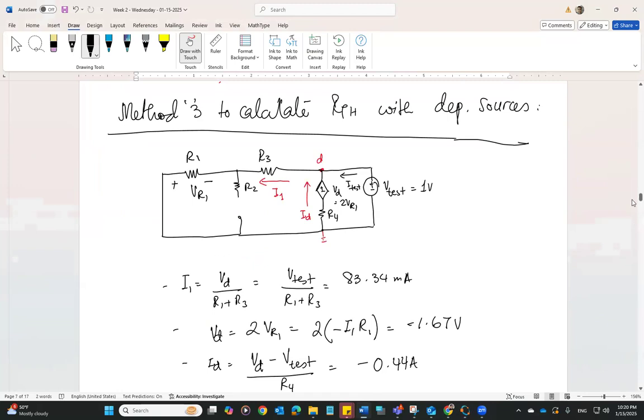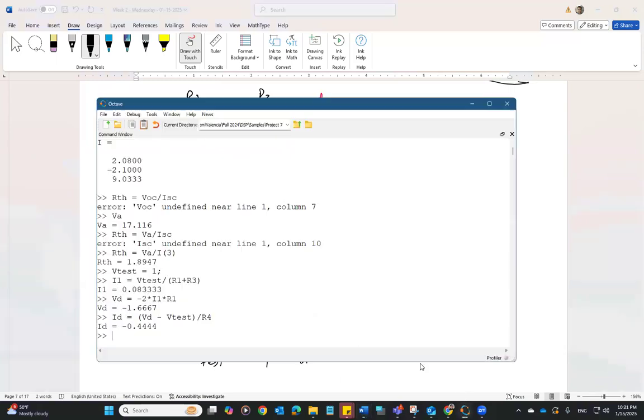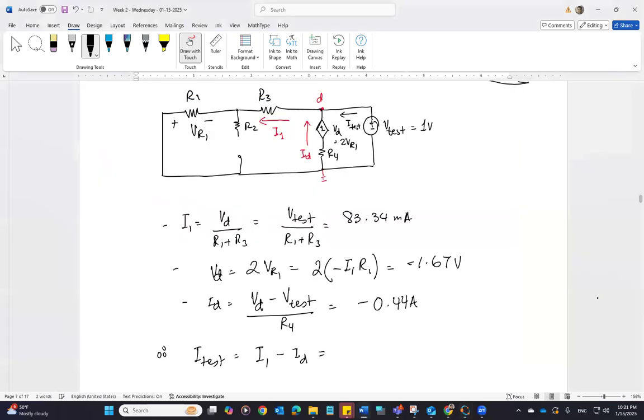Okay. So now my I test current is therefore I1 minus ID. I test plus ID is I1, so I test is I1 minus ID. So this current is 0.5278 ampere.